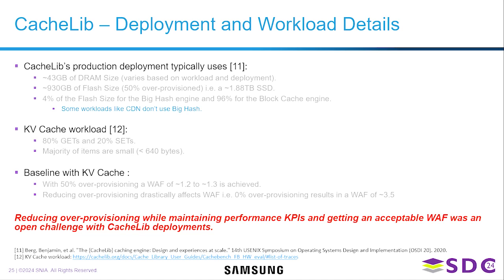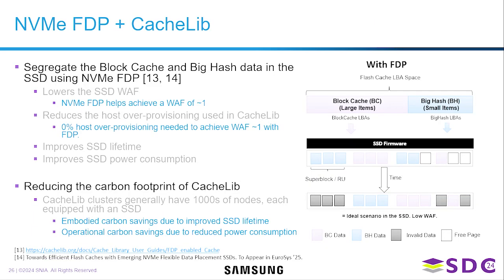So their solution was to just over-provision it, and then they achieved a WAF of 1.3. Interestingly, when CacheLib released their paper in OSDI, there's a line in the paper which essentially admits that they have no clue how to improve the WAF and improve the device utilization without affecting their CacheLib KPIs. And so it was kind of like an open challenge or an open problem to solve. And that's where we used FDP. So what does FDP help you do, right?